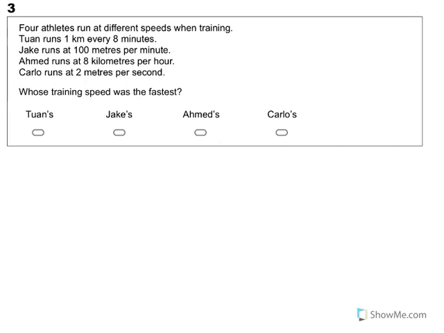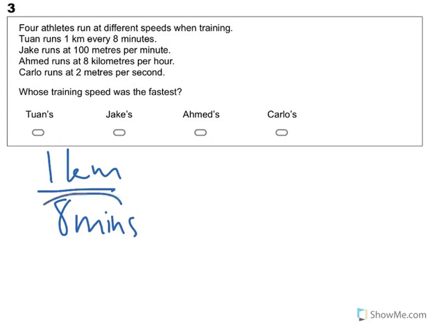Starting with the first one, we have 1 kilometer every 8 minutes. So what I want to do is change this bottom bit to 60, because 60 minutes will give me 1 hour. Okay? So let's see what to do.